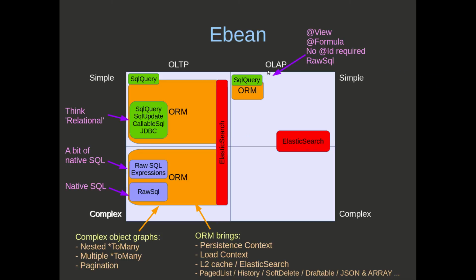And in terms of the OLAP space, we could do some better support for aggregation formulas, so we can make this formula a little bit nicer. But in this space, Ebean is really orientated towards raw SQL, so SQL that we give Ebean as opposed to SQL that Ebean will generate. So Ebean is never really going to generate complex OLAP SQL.